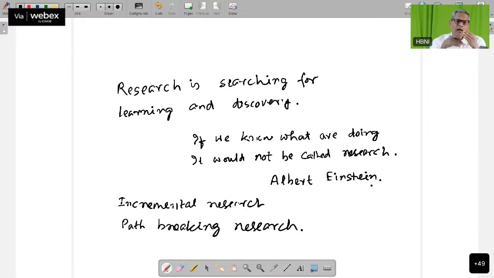Or the gravitational force in the general theory of gravity, where time has also been included as a parameter, along with space. That is a totally new concept, and these types of research are usually called path-breaking research. Otherwise, most of the time what we do is incremental research.